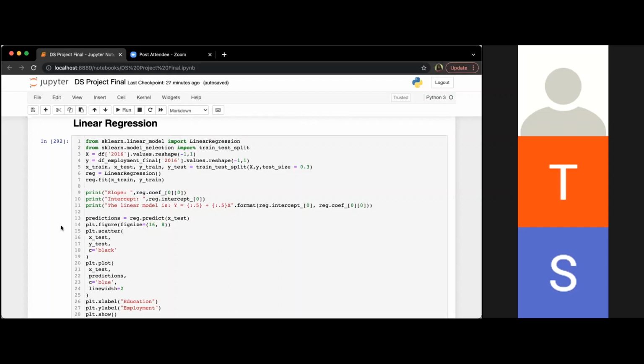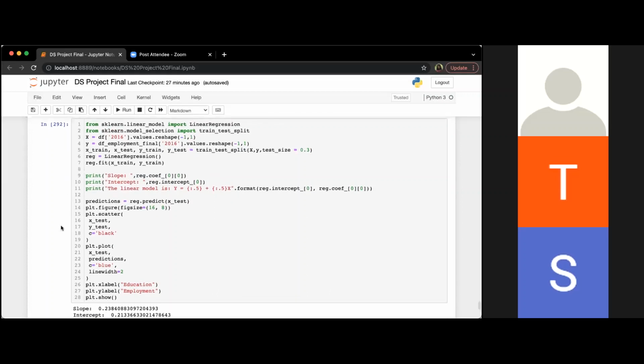After which we call the linear regression function from the sklearn package, and then we fit the training data into the model. After which we calculate the slope, which is nothing but the coefficient, the intercept, and then we also print the line that'll be formed.